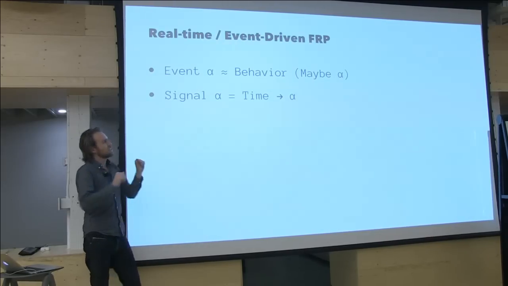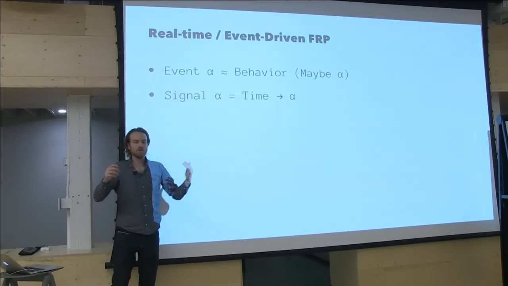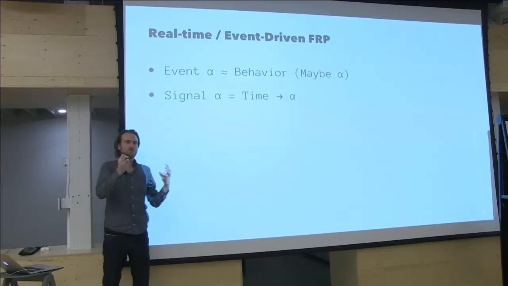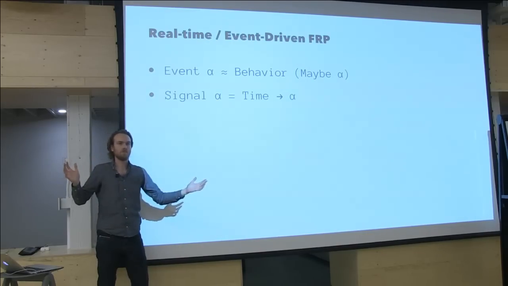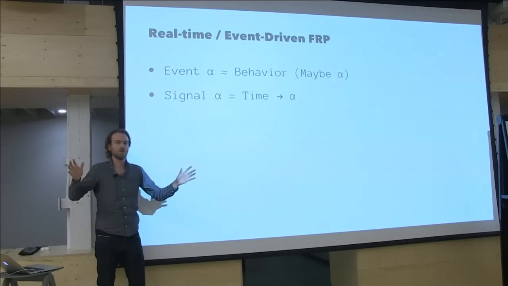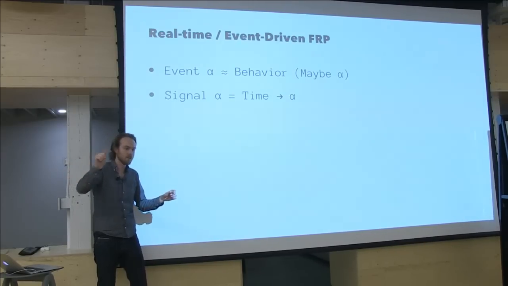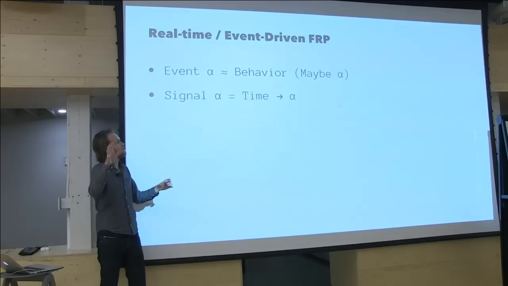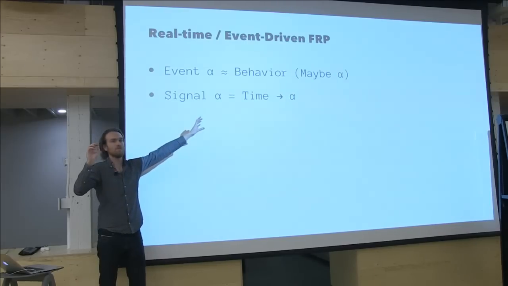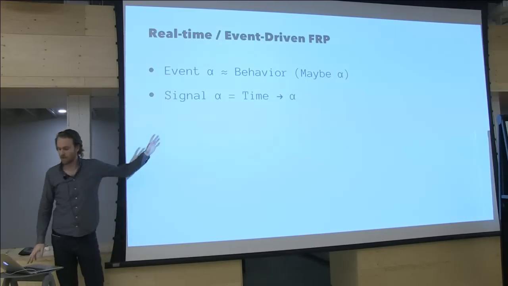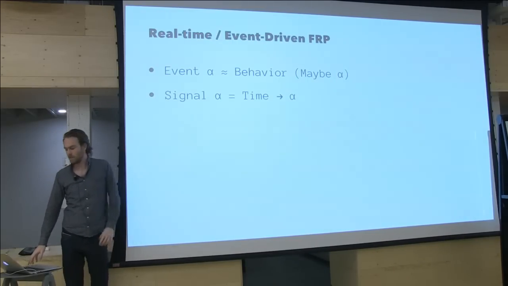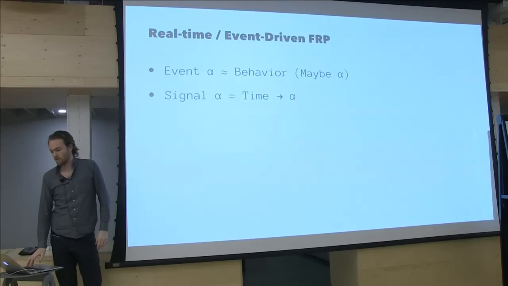The idea there is that you can model discrete events as a continuous function by saying, well, maybe most of the time there's no event happening, there's no mouse click, and then at some discrete point in time, that maybe ends up having something in it, like a mouse click. They call that a signal, and it has the same type signature as classical FRP's behaviors.